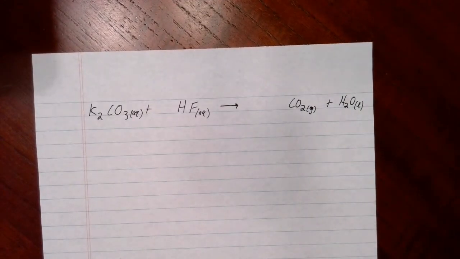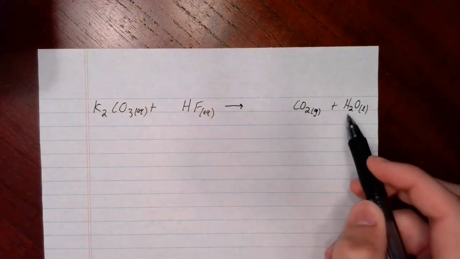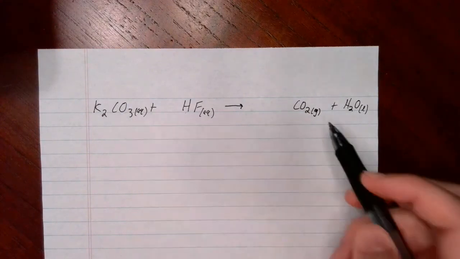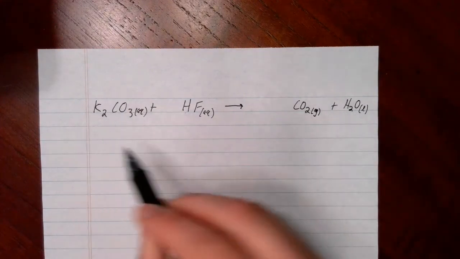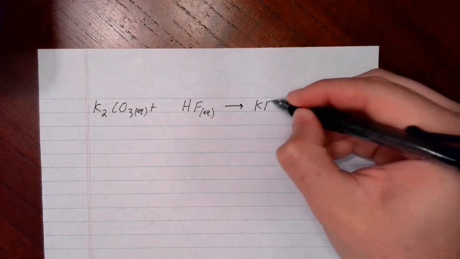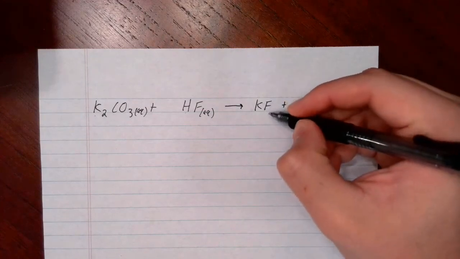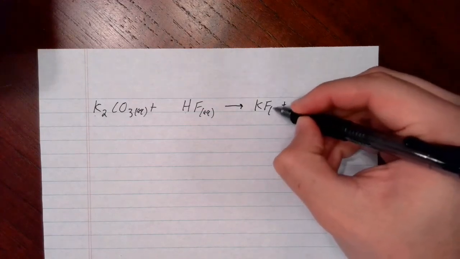Now I need to figure out what the salt is. Let's look at the reactants. I've already accounted for hydrogen over here, and I've already accounted for carbon and oxygen. We use what's left over. So I have potassium and fluorine, so my salt is KF. I could check, but most likely these will always be soluble. In this case it is.